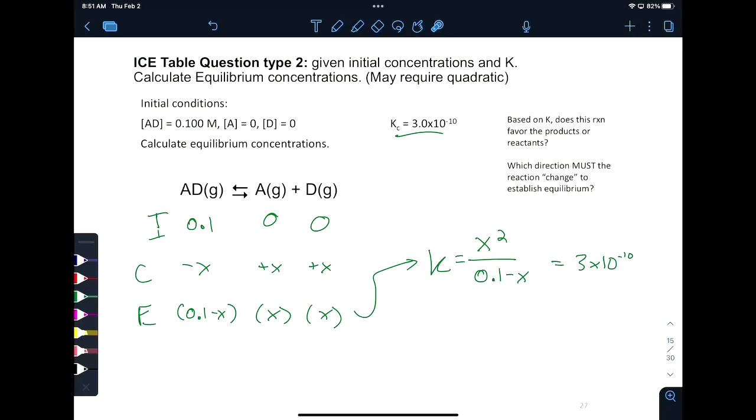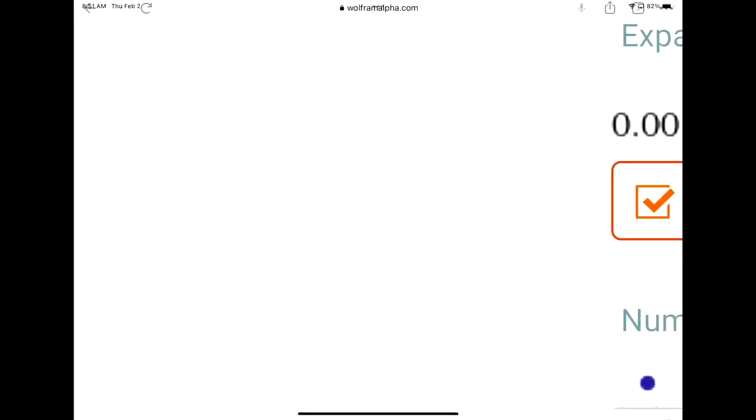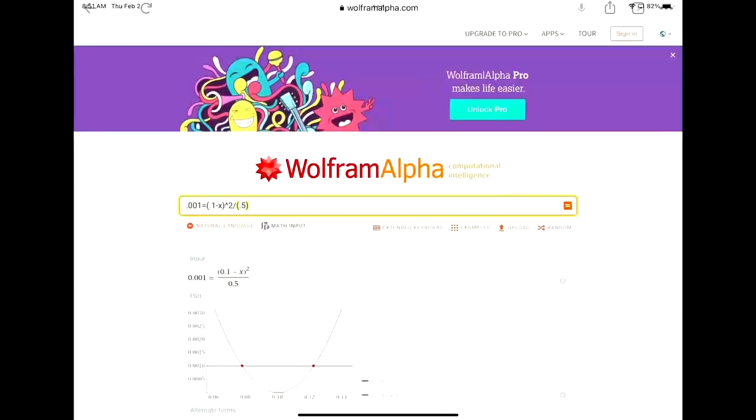All right, so you can solve this using the quadratic formula. Let's just do it. Let's do the quadratic.